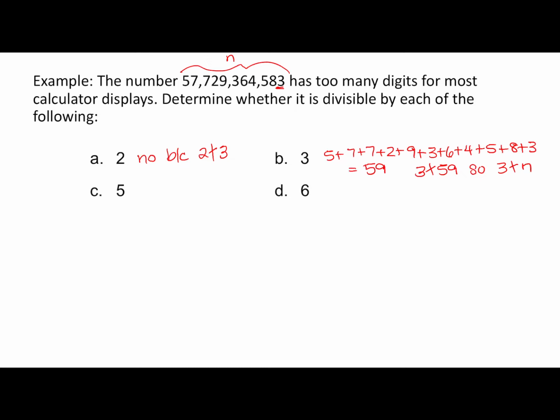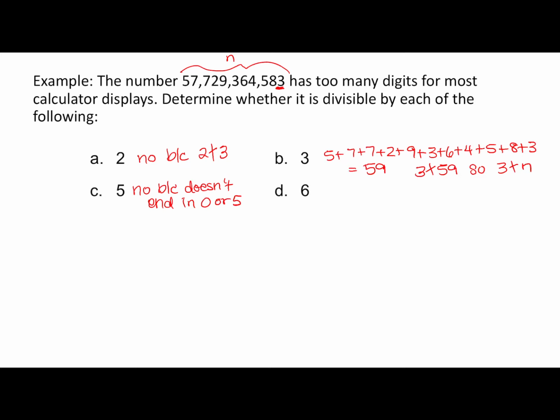What about divisibility by 5? When I'm checking for divisibility by 5, again, I want to look at the last digit and check if it's a 0 or a 5. It's not. So the answer is no, because it doesn't end in 0 or 5.